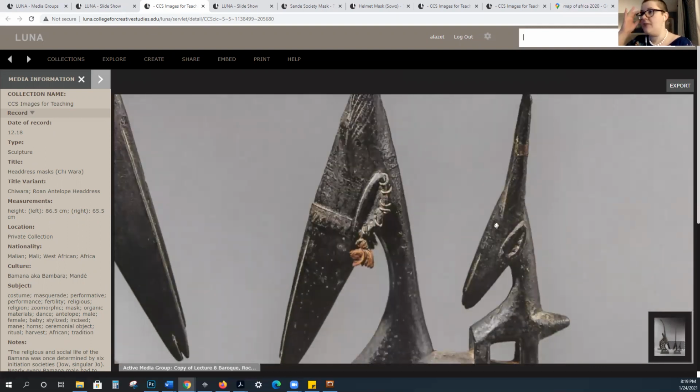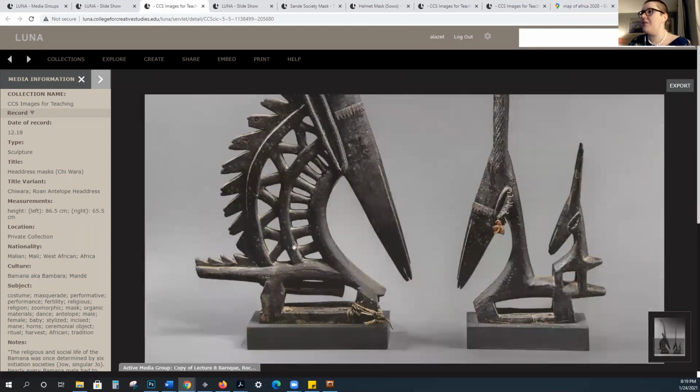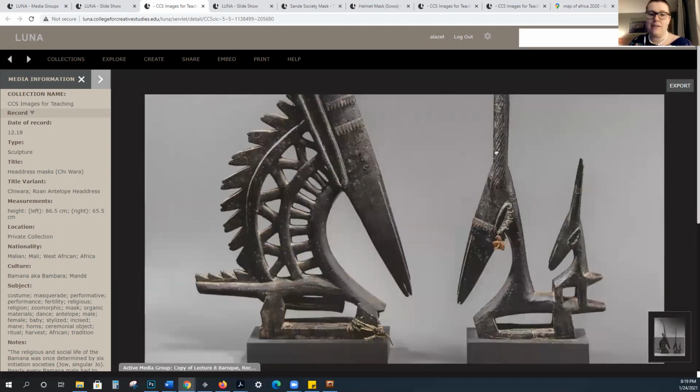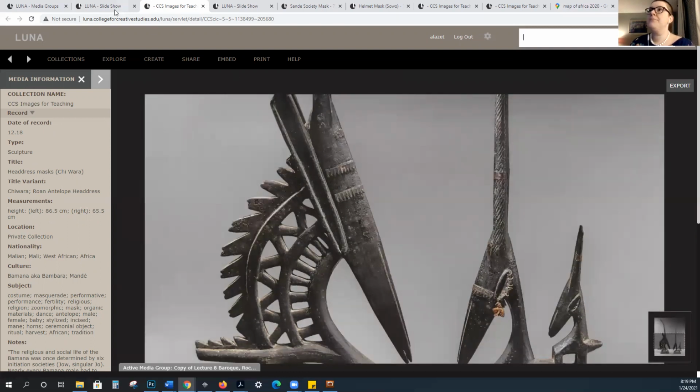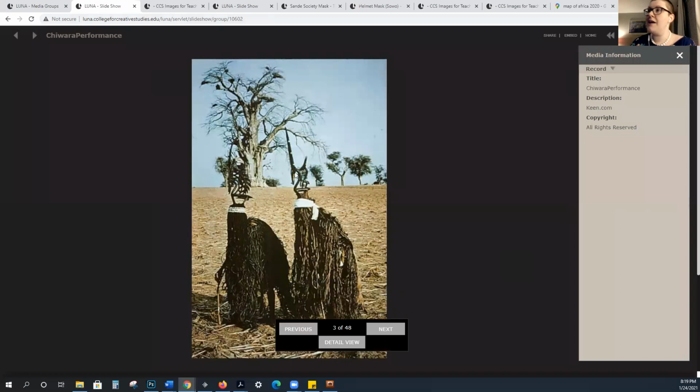The baby antelope has not had scarification yet, and so the face is smooth, but you can see that here. And so that is the human component combined with the animal. And you can see how much the head is emphasized, as well as the horns. And these are always performed in a male-female pairing, as you can see here. Again, this is because of the implications of fertility related to the harvest, etc.